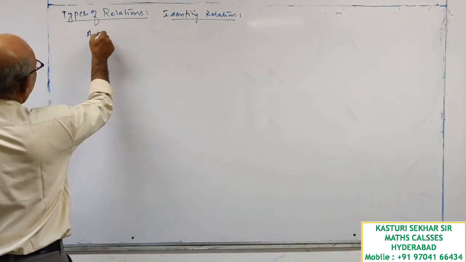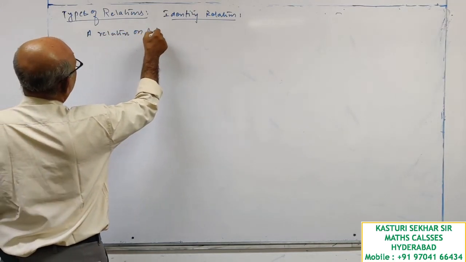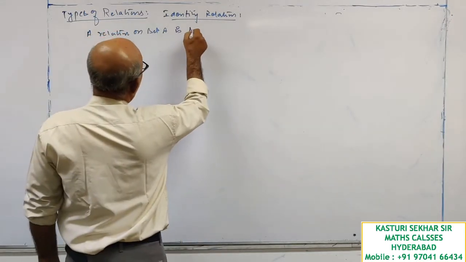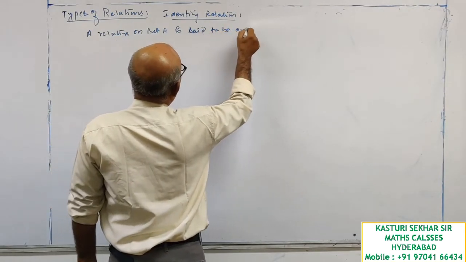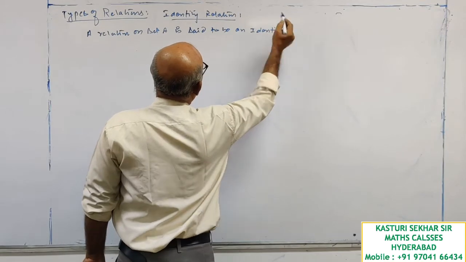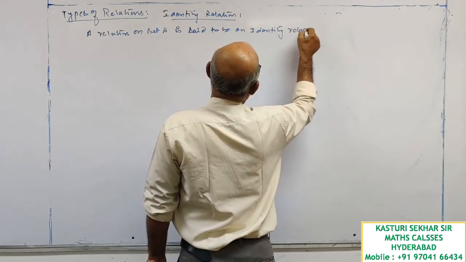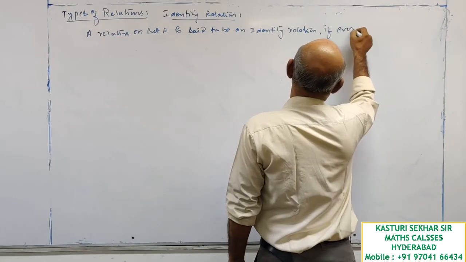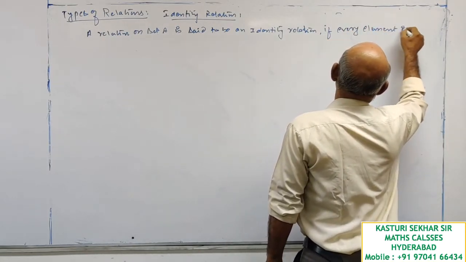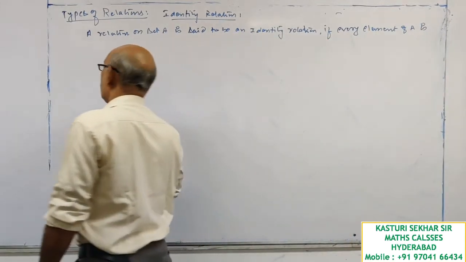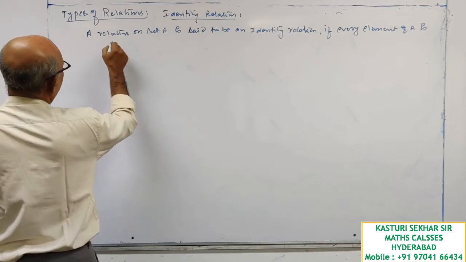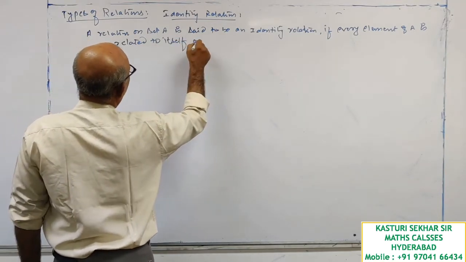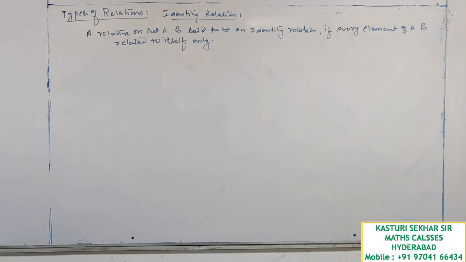A relation on set A is said to be an identity relation if every element of A is related to itself only. Every element is related to itself only.